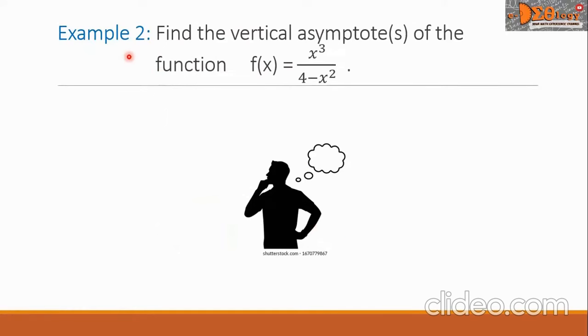Let's have example 2. Find the vertical asymptote or asymptotes of the function f of x equals x cubed over 4 minus x squared.